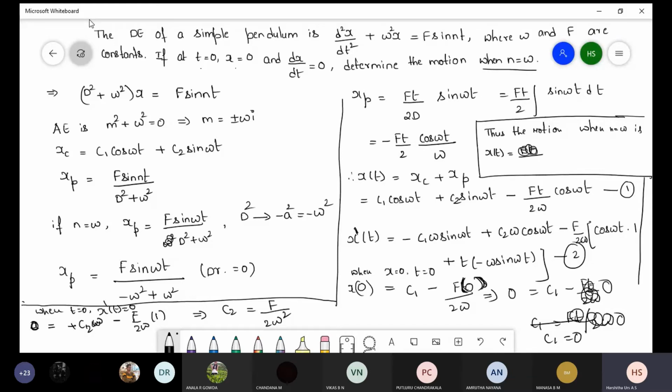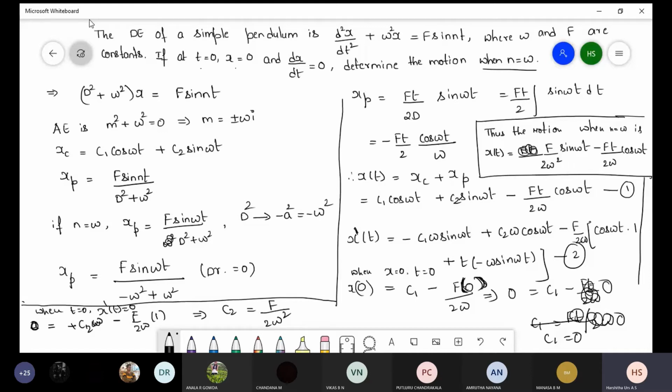Thus the motion when n is equal to w is x of t is equal to C1 is 0, C2 means f divided by 2w square sin wt minus ft divided by 2w into cos wt.